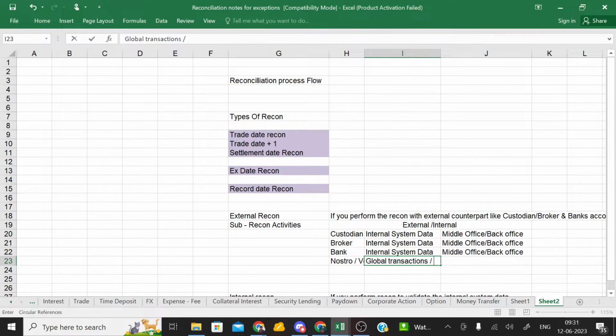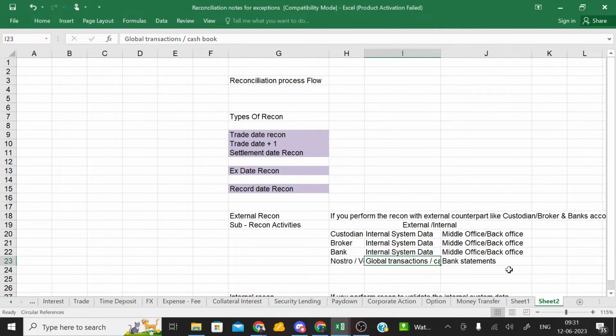Basically, that would be your cash book versus, again, bank statement. It is kind of a bank to bank transfers or transactions that you need to match. So that becomes your Nostro reconciliations. But yes, all are part of external reconciliations.